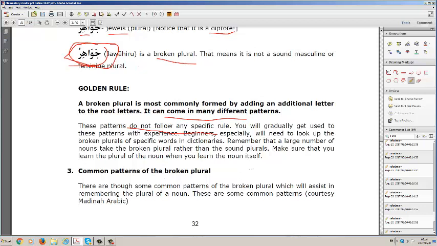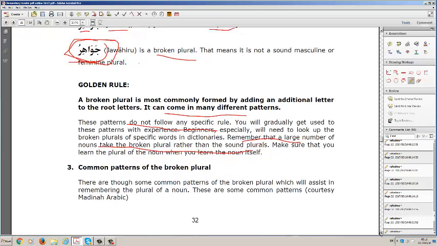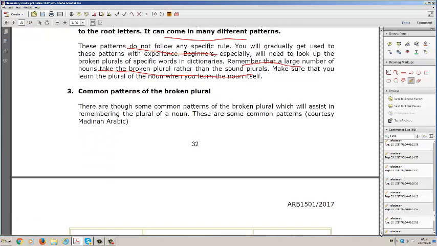And beginners especially will need to look up the broken plurals of specific words in dictionaries. And remember that a large number of nouns take the broken plurals rather than the sound plurals. This is important, that the majority of nouns take the broken plural, not the sound plural. So you'll have to learn this quite often.